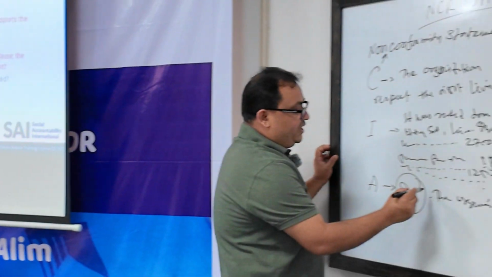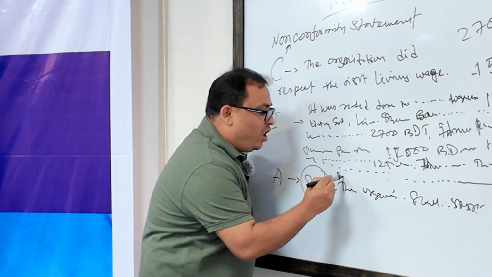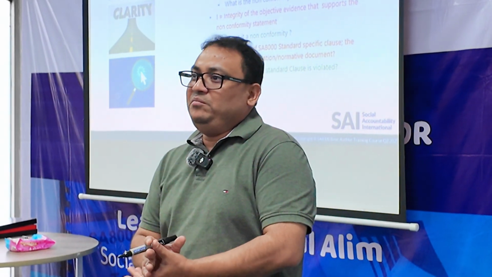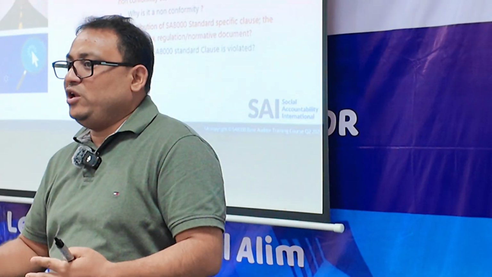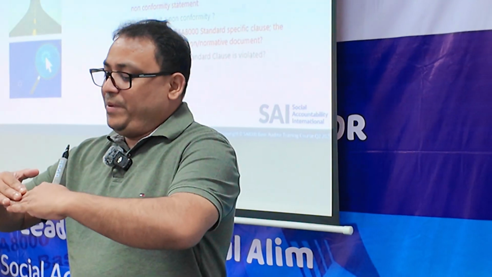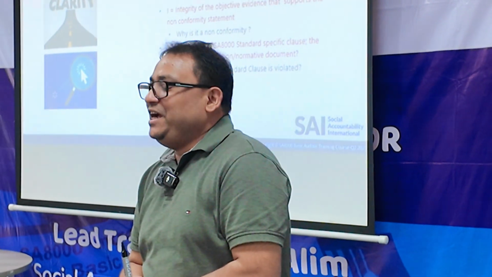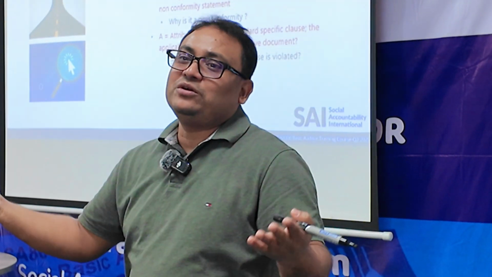Now, I have more evidence. During the interview, the management stated that we are currently following minimum wage guidelines, and we have introduced some additional facilities and are paying above the minimum wage, but yet to meet the living wage; they are working on it but yet to complete.